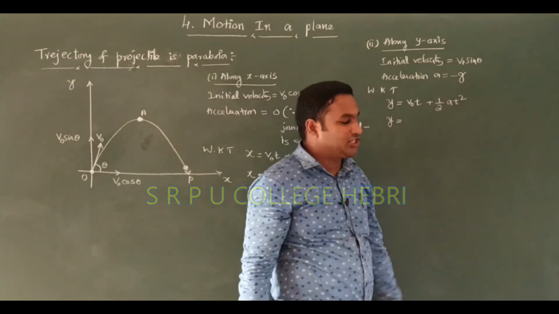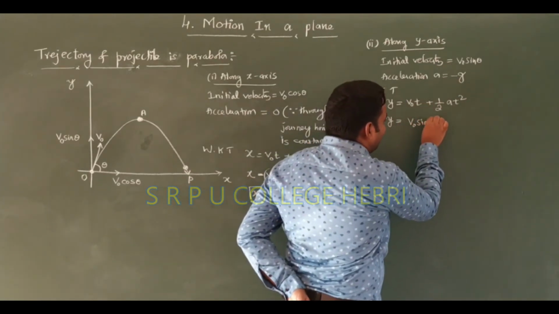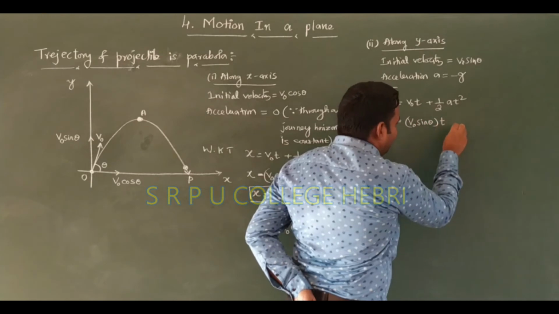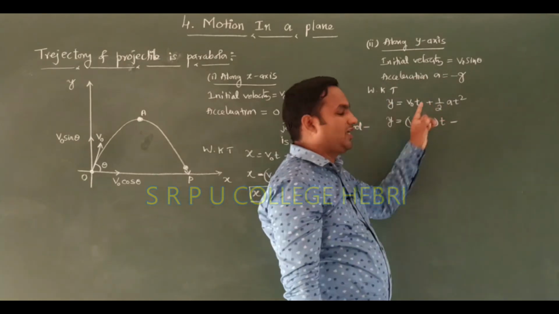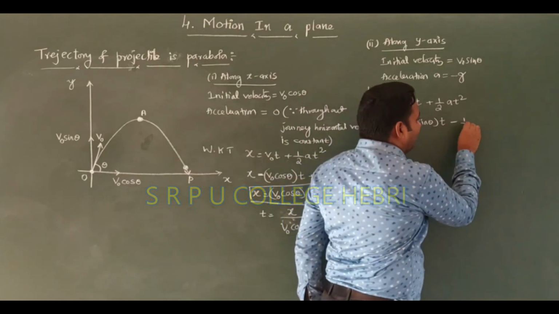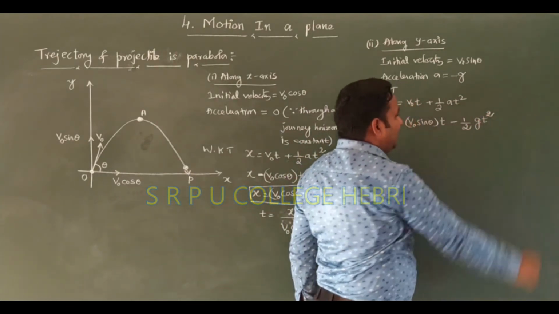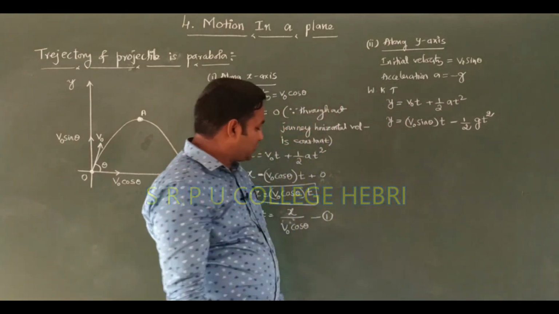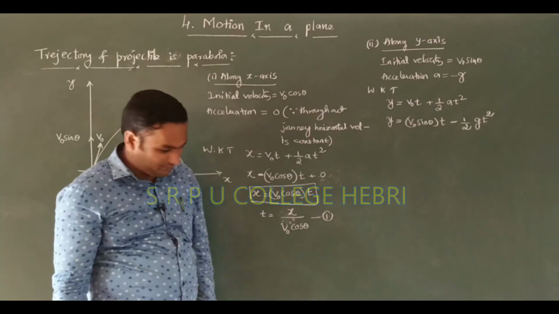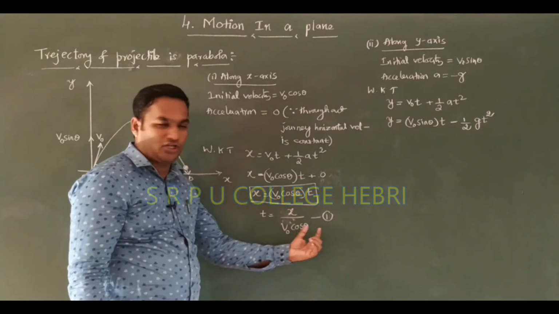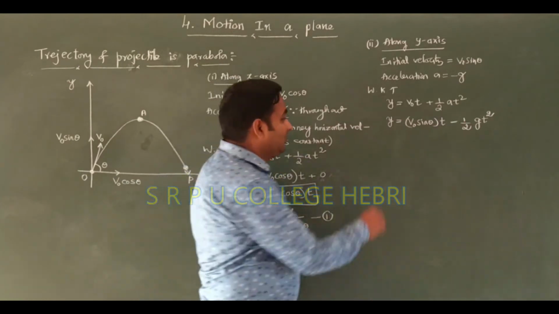Along the y-axis, initial velocity is v naught sin theta into time t, minus, since a is equal to minus g, that's why plus becomes minus, half g into t square. Dear student, we already got the formula for time from equation 1: x divided by v naught cos theta. Substitute this into this equation.